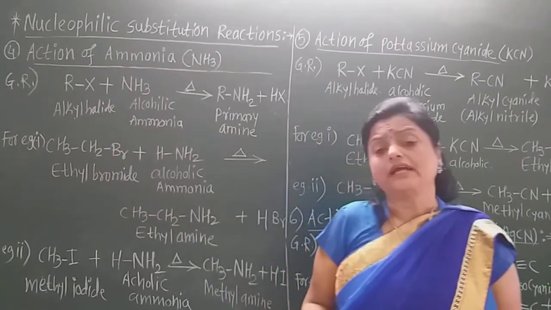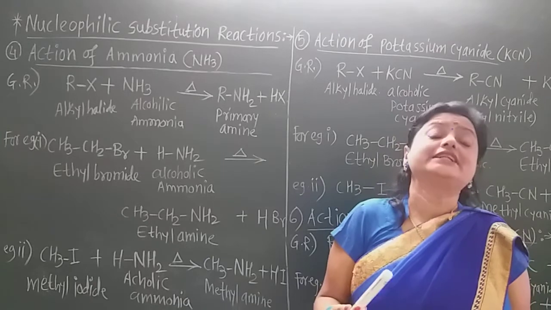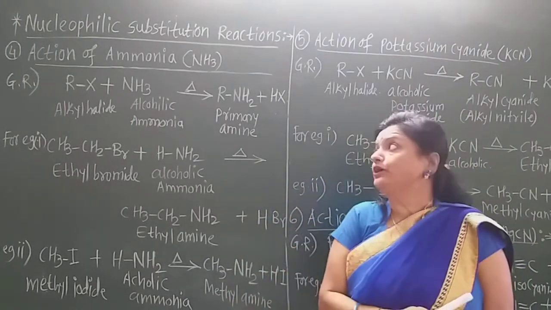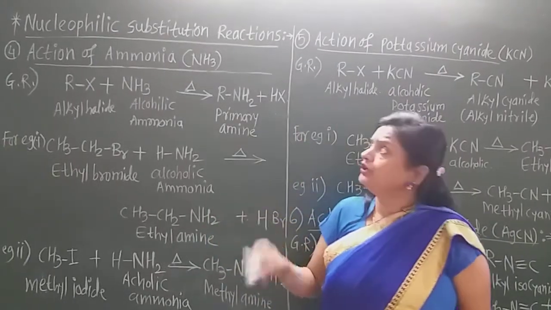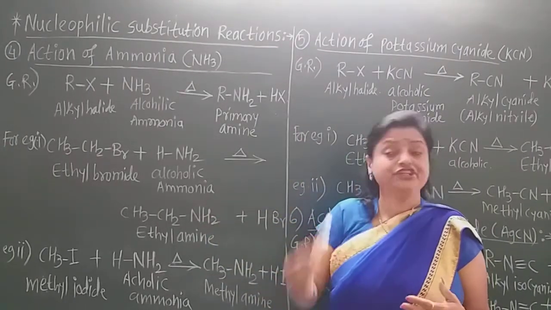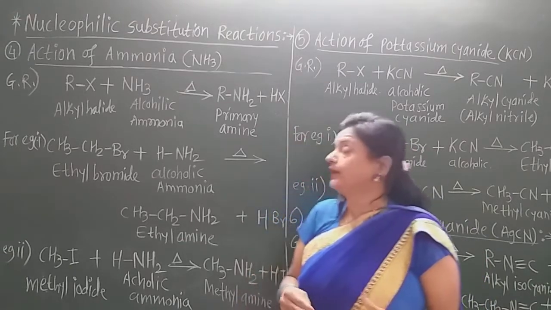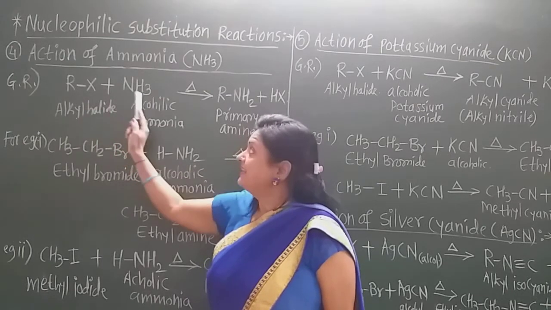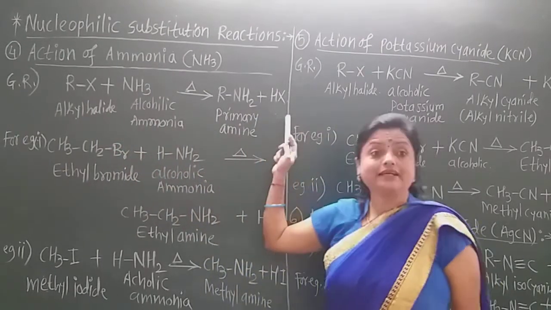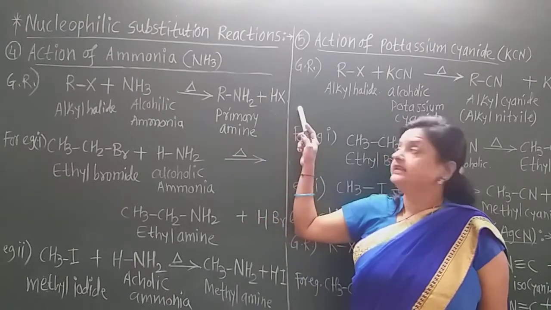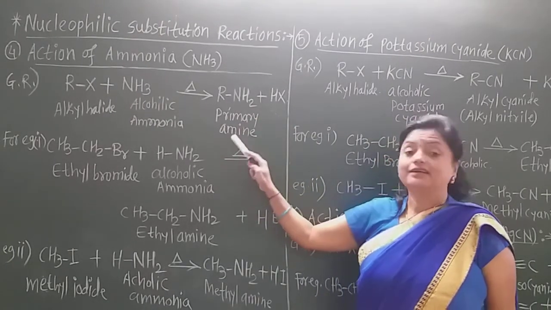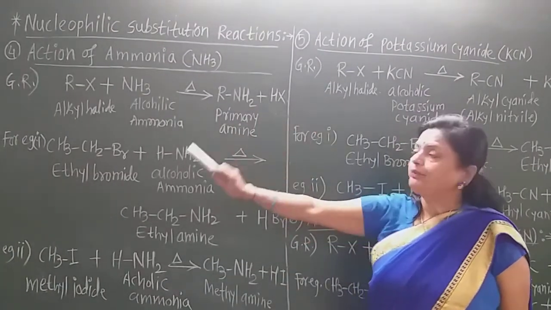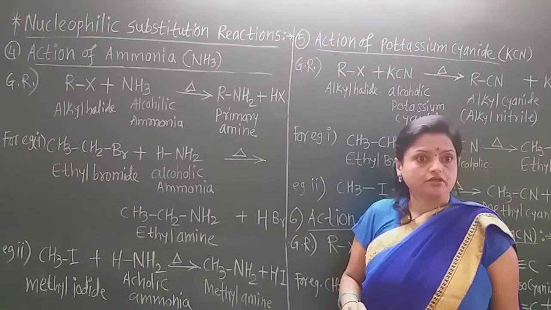We know that on the nitrogen of ammonia there is a lone pair of electrons, and due to that it is the nucleophile. A nucleophile is electron rich, so it attacks the electrophile. Now this NH2 group replaces the halogen, and H and X form the byproduct HX, and there is formation of the primary amine RNH2. Now take any particular reaction.